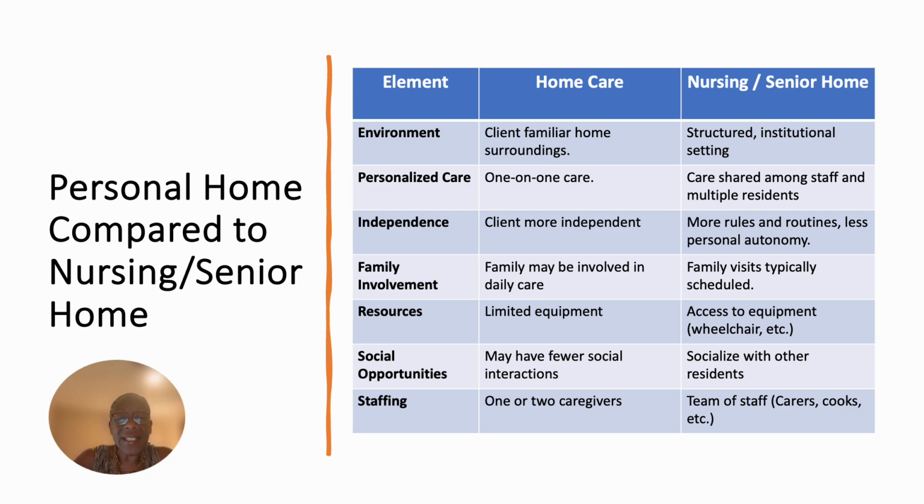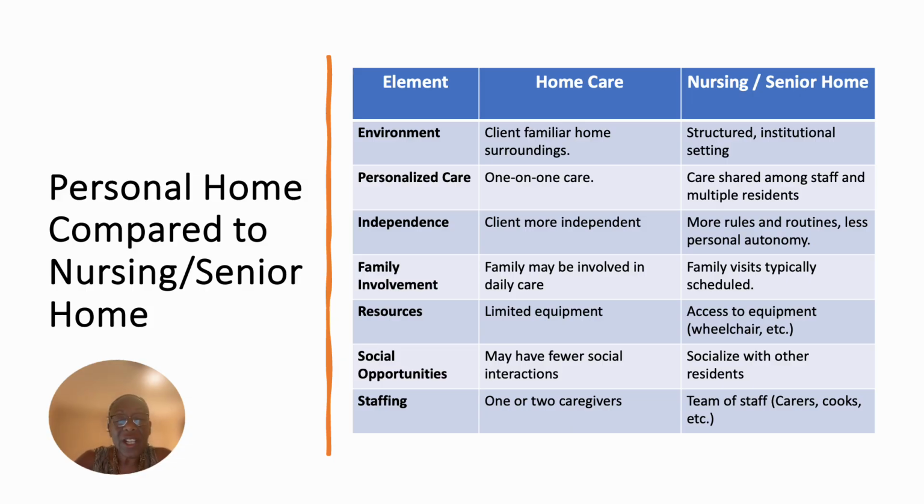Social interactions. In the home, it may be fewer because some seniors are not able to get out as easily, whereas in a nursing or senior home, we could look at this as a positive because the residents are able to socialize with each other and with the staff.